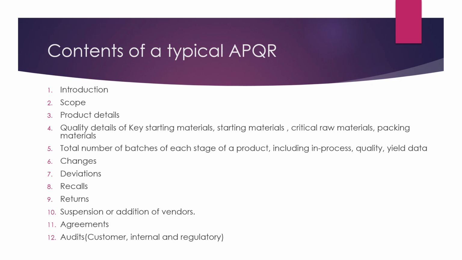For example, if there are 5 stages, so each stage, for first stage how many batches, second how many, third how many, and the fourth how many, and fifth. So for each and every stage all the details have to be included, including the in-process quality and yield data has to be covered in this case.